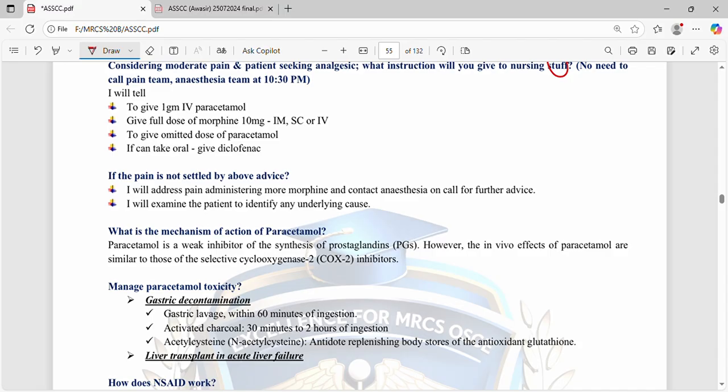What is the mechanism of action of paracetamol? Paracetamol is a weak inhibitor of the synthesis of prostaglandins. However, the in vivo effects of paracetamol are similar to those of selective cyclooxygenase COX-2 inhibitors. Manage paracetamol toxicity.